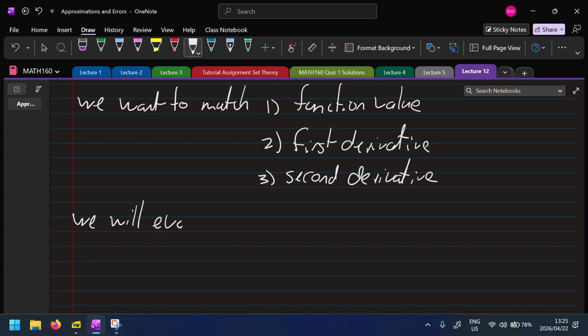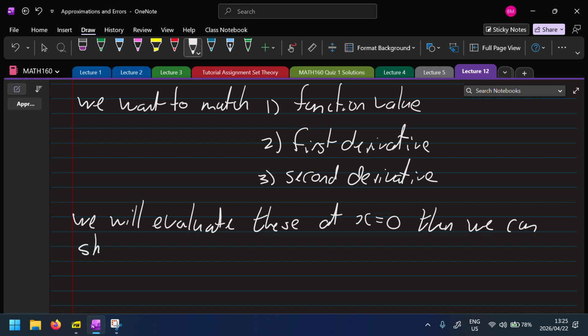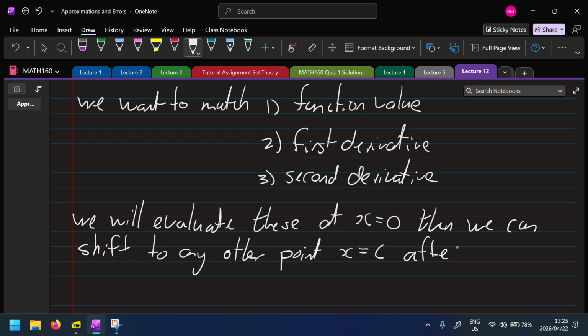So we will evaluate these at x equals 0, just to make things simpler for ourselves. And then if we want this at any other point, we just shift our answer over to any other point, let's say x equals c afterwards.